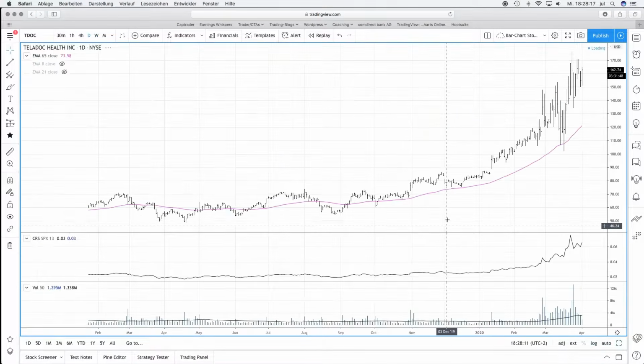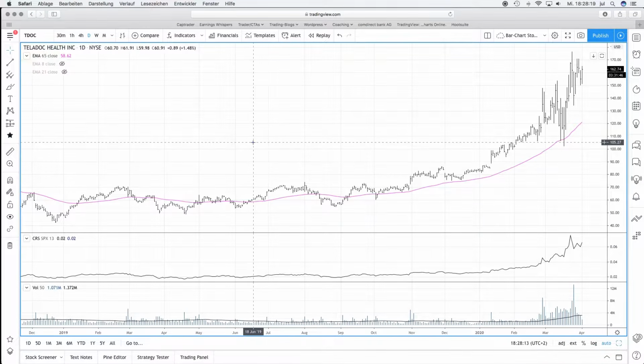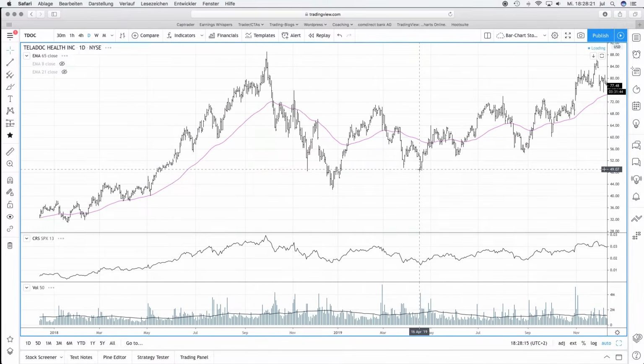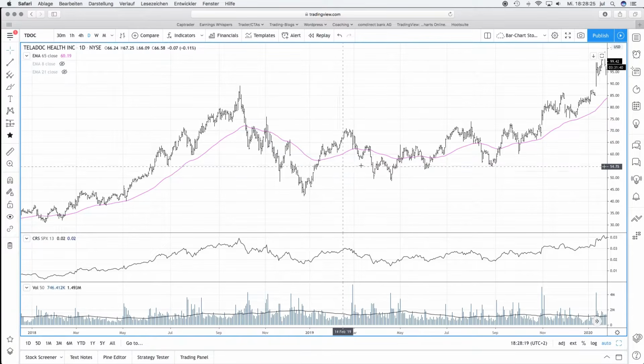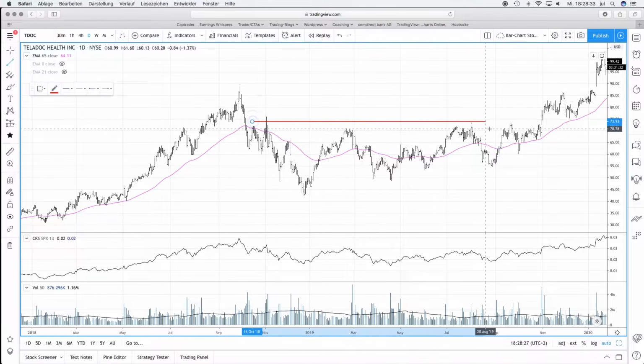I will switch into the daily chart to show you the same pattern on the daily chart. Here you can see the same consolidation, and I will draw in the breakout line again.